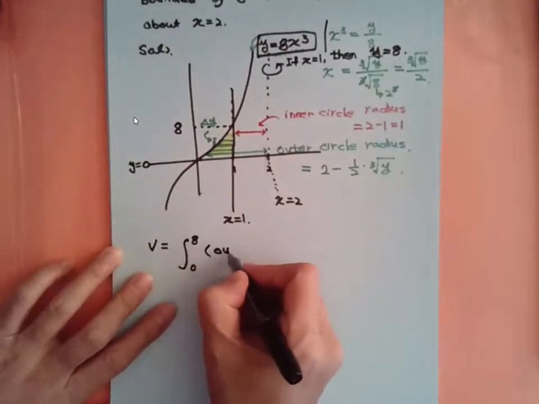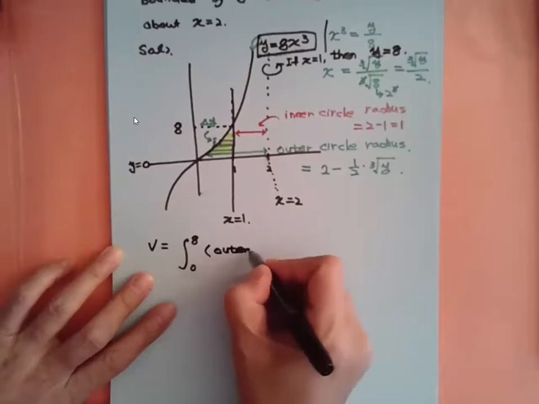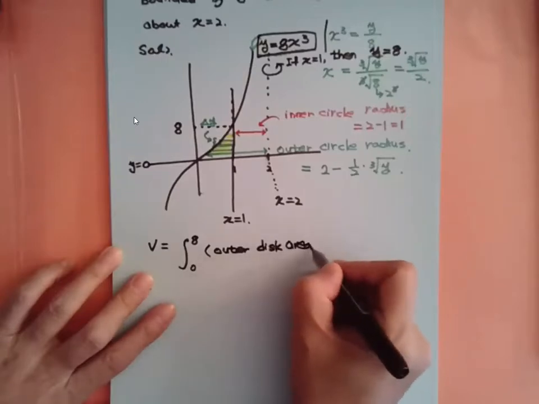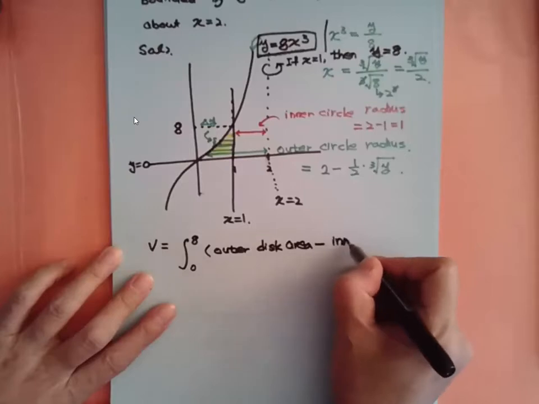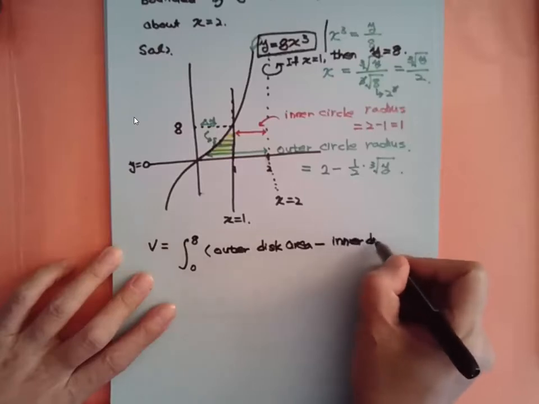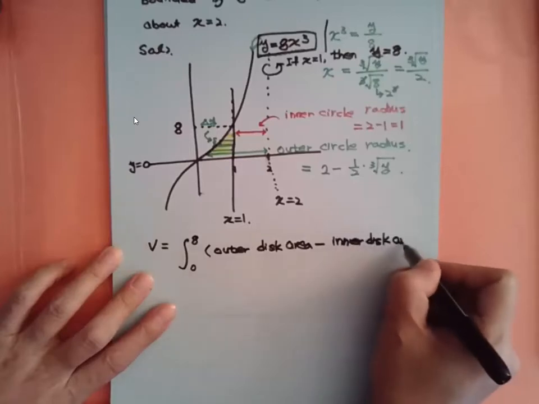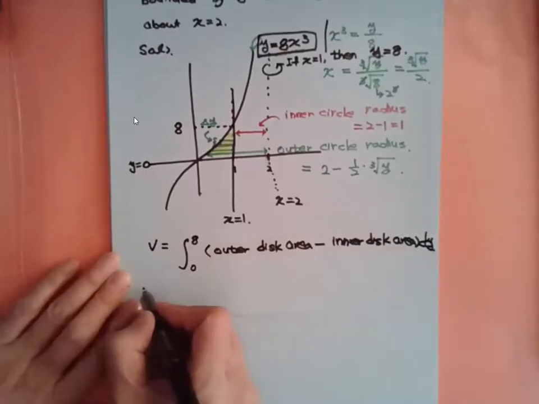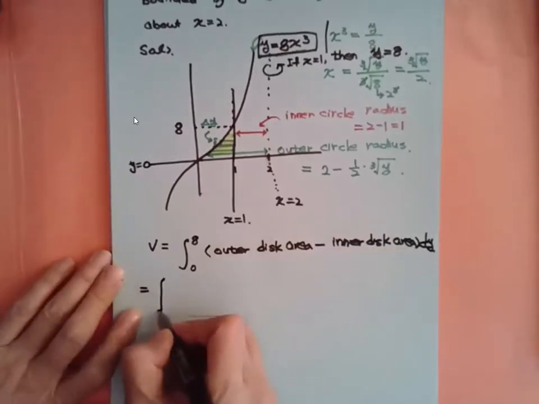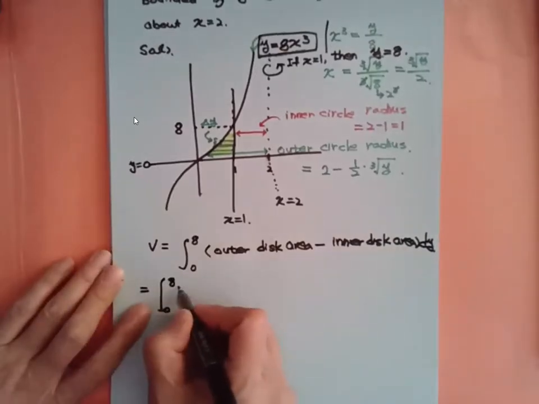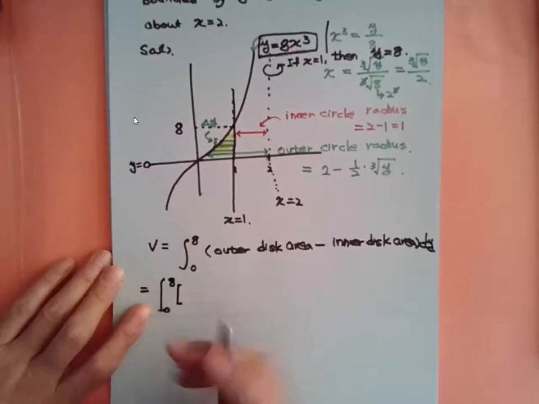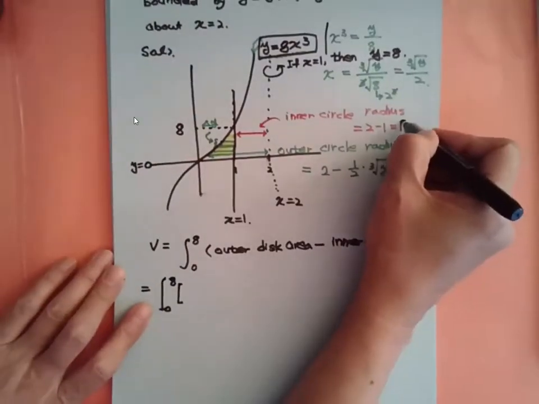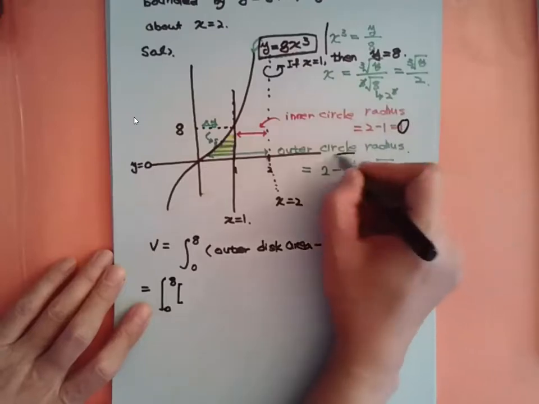In principle, that is the outer disk area minus the inner disk area, dy. So that is from 0 to 8 of pi r squared. We already calculated this r and this r.